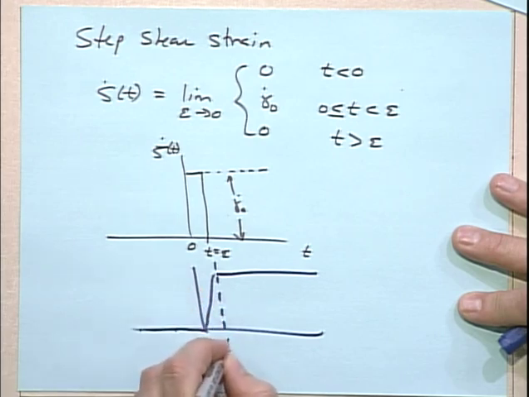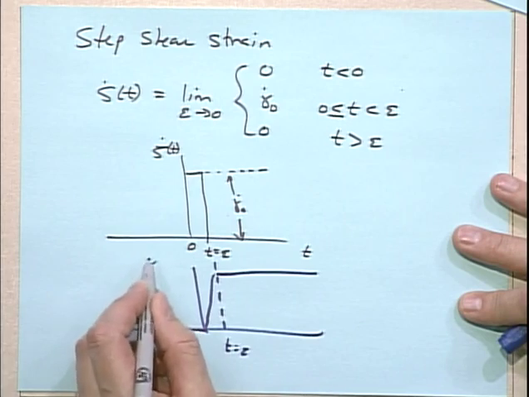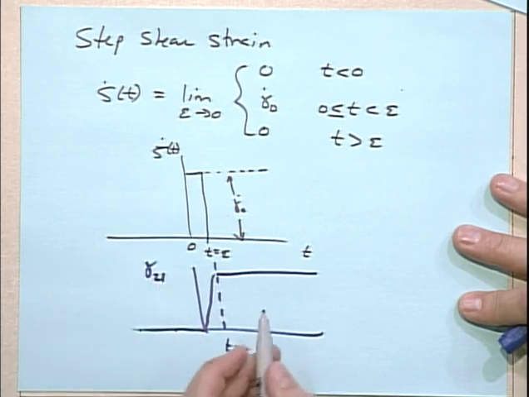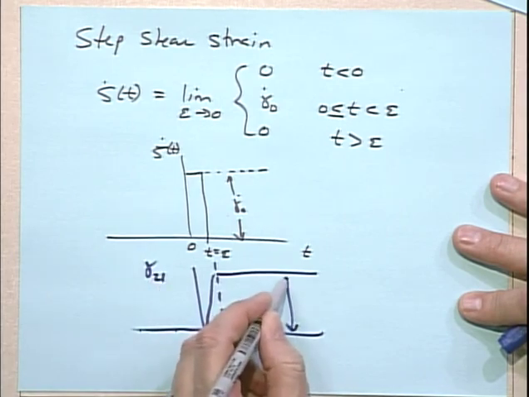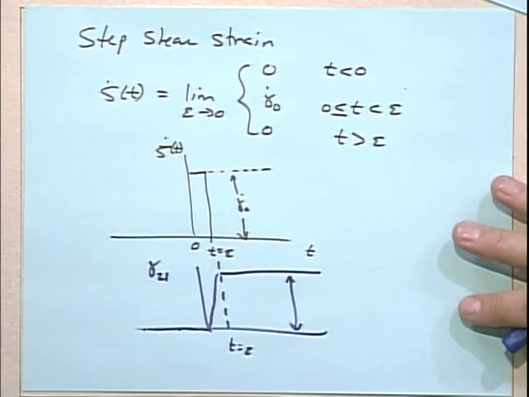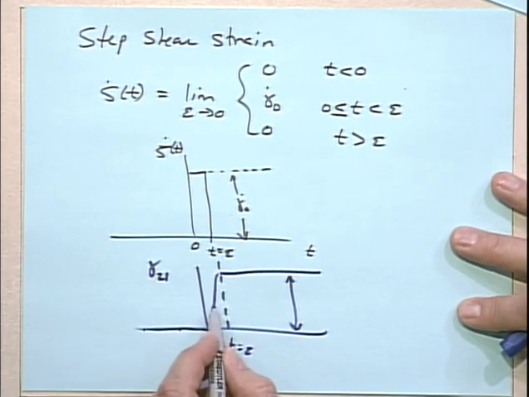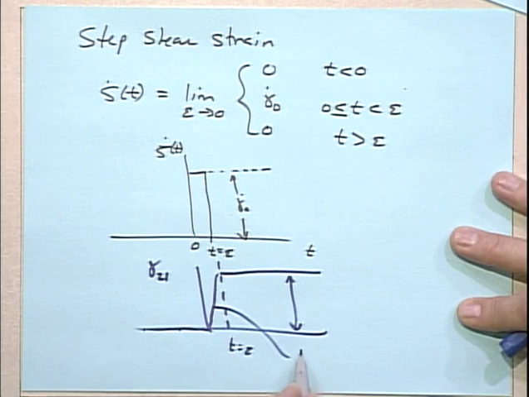So this is at time t equals epsilon. This is the strain. And this final amount is the final amount of strain that's put on the sample. So this line is t times the shear rate.